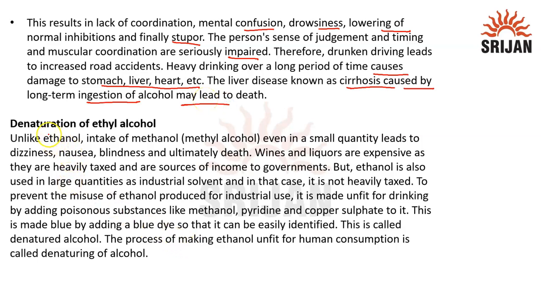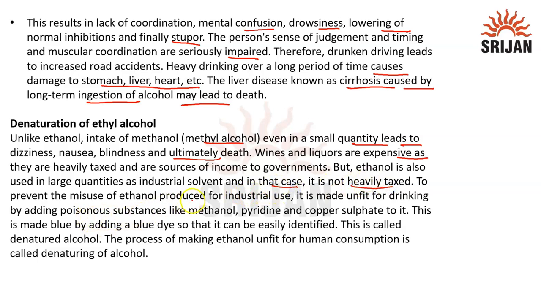Next is denaturation of ethyl alcohol. Unlike ethanol, intake of methanol, which is methyl alcohol, even in small quantity, leads to dizziness, nausea, blindness, and untimely death. Wines and liquors are expensive as they are heavily taxed and they are a source of income to the government. But ethanol is also used in large quantities as an industrial solvent, and in that case, it is not heavily taxed.